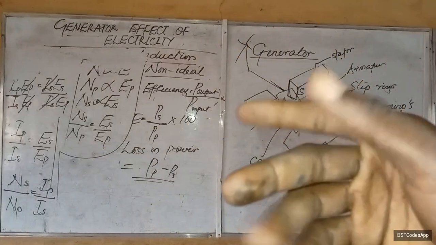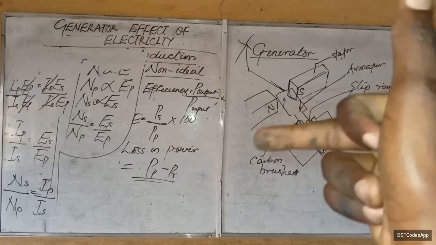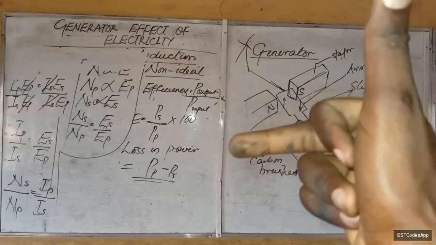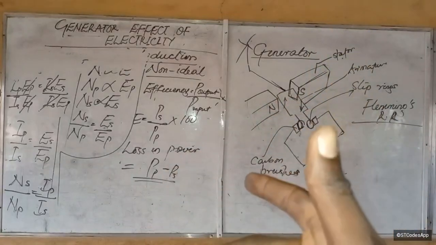Then I orient this middle finger and this one also at 90 degrees. So all three fingers are at 90 degrees to each other.